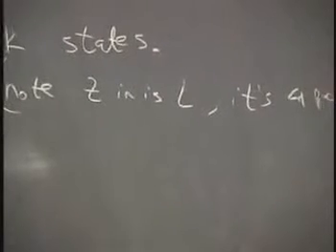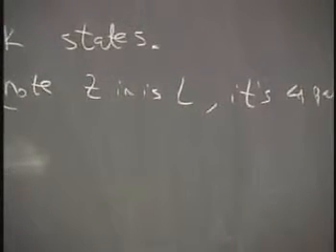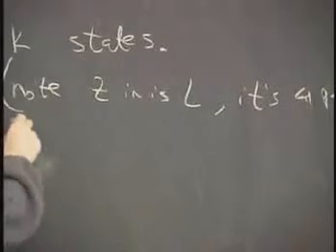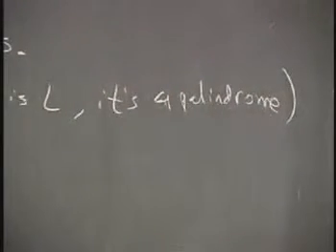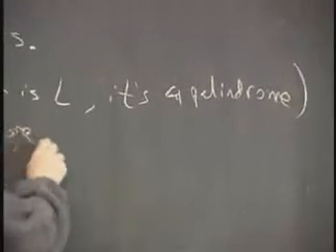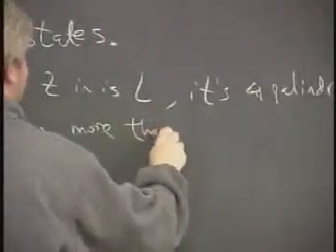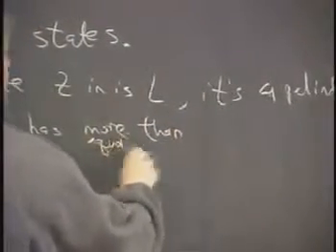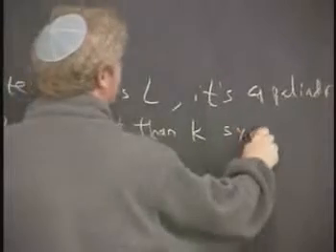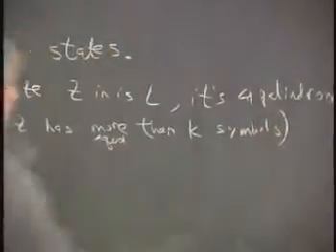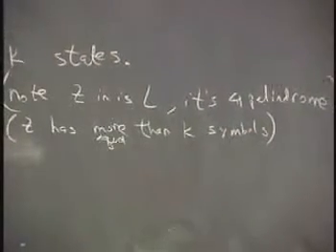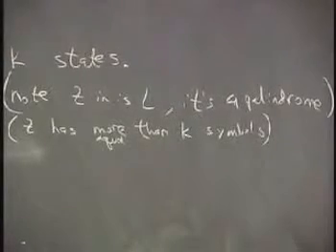Z is in L. It's a palindrome. And what else? And z has more than or equal to k symbols. Okay. So I'm okay so far. I got through the second stage.